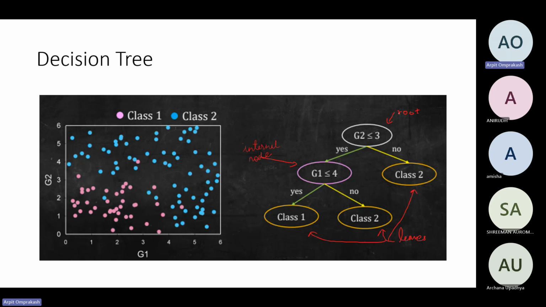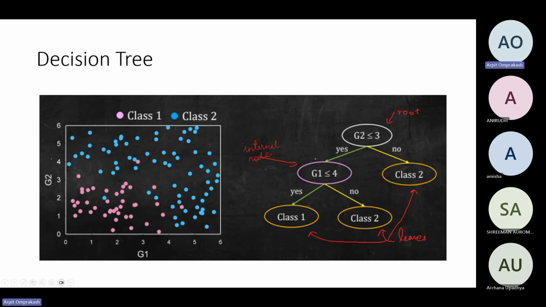The first one is called the root node, where everything starts. The final ones, which give you a classification, or predict a label for the class, are called leaf nodes. And the nodes in between the root and leaf nodes are called internal nodes. Okay. So that's it.